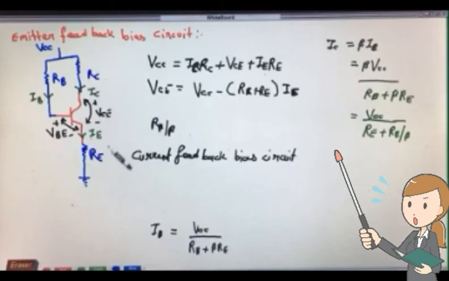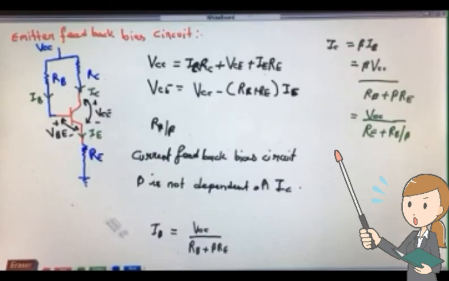And beta is independent of collector current. Here beta is not dependent on collector current IC.